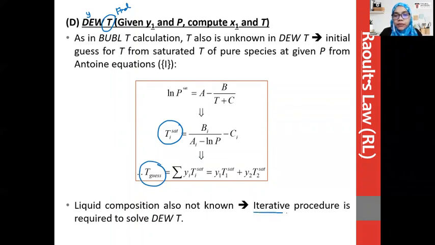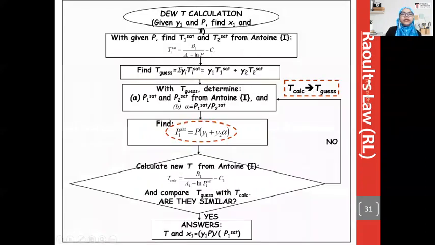So we need to perform the iteration until we find the T guess is similar to the T calculated. Okay, we start by determining the saturation temperature for each species, and then it gives us the value of T guess.